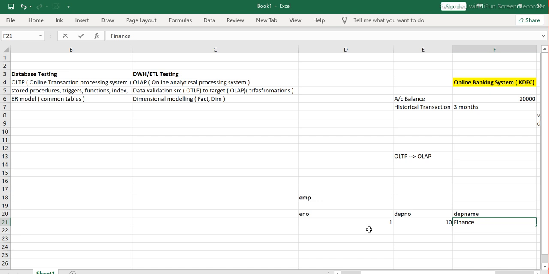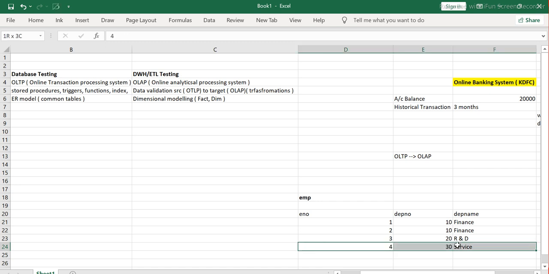I have employee number 2, this is again 10, and again finance. 3 is there, and then I have 20, and this is R&D. Then 4, 30, and the service department. So these are some of the departments.